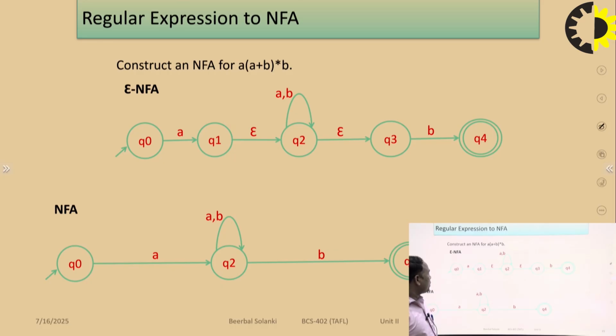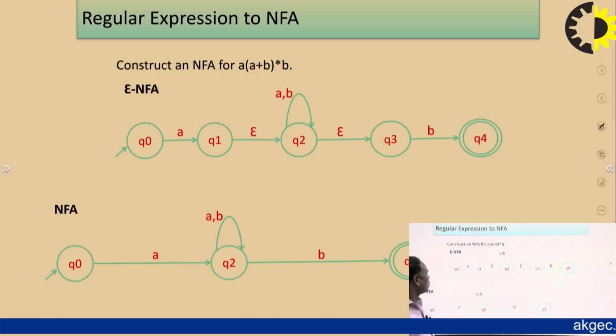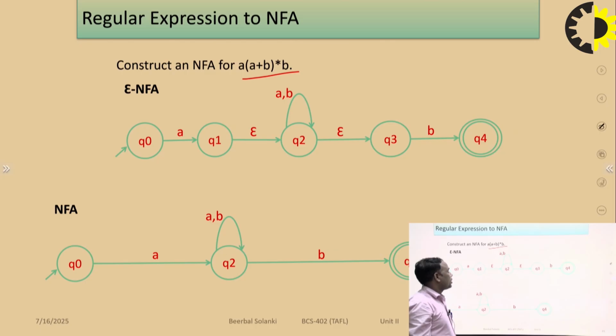Now we write another regular expression. The question can be: write the epsilon NFA and NFA for the given regular expression, that is a (a+b)* b.